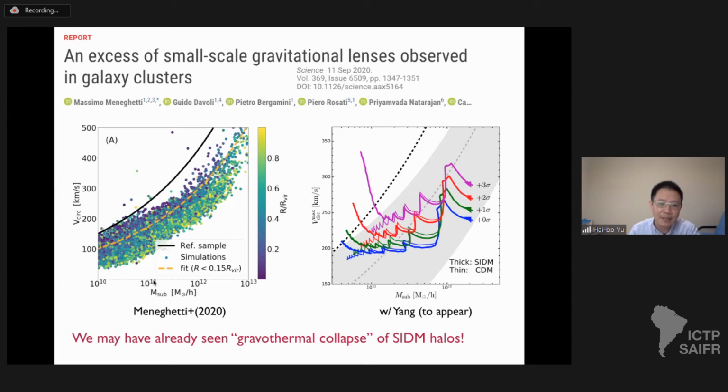So for a given subhalo mass, if the maximum circular velocity is larger, it means it's more dense. Okay, so the black curve is from their lensing observations, the dots are from their simulations, and this yellow curve is from the CDM simulations.